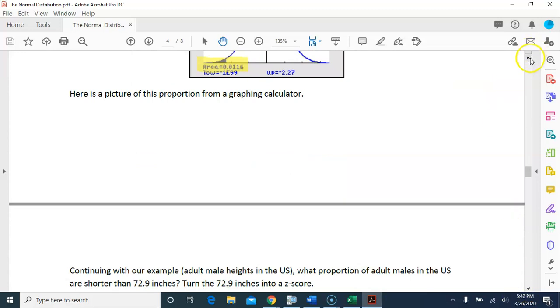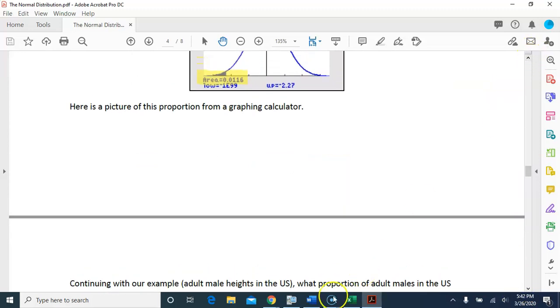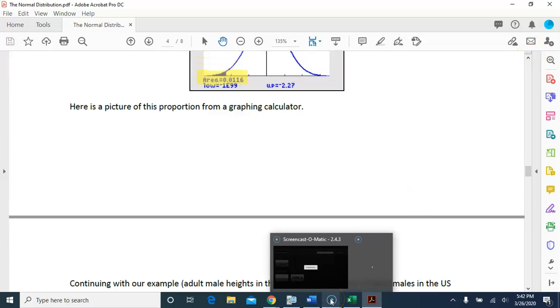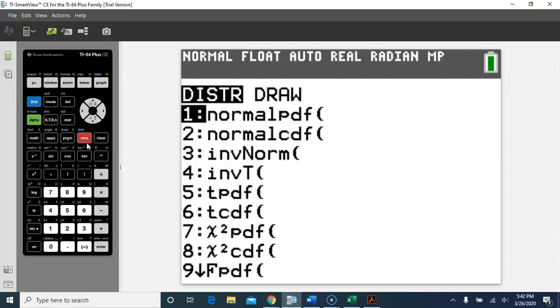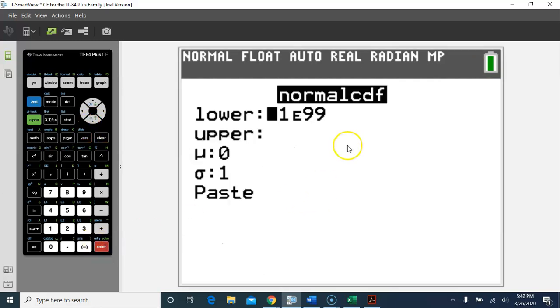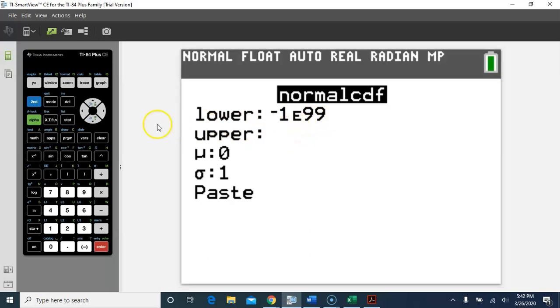Okay, before I continue with a slightly different example, the way you can get this off of the graphing calculator, if you have such a machine, is second vars, and the second item on the list is normalcdf, and by default it says -1E99, which is scientific notation. That's basically the biggest negative number the calculator can hold, so that's kind of like saying negative infinity.